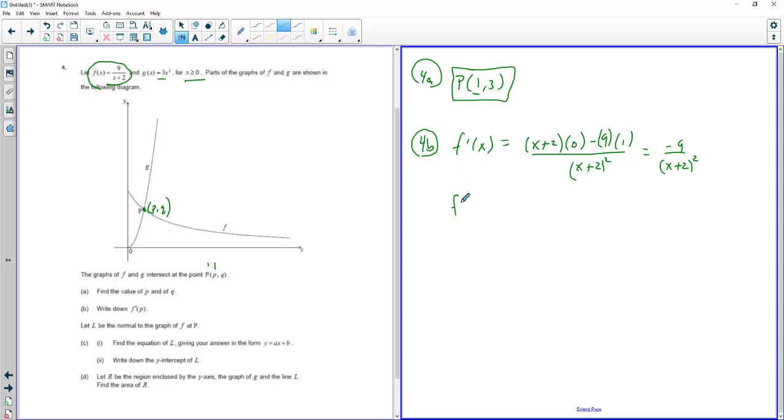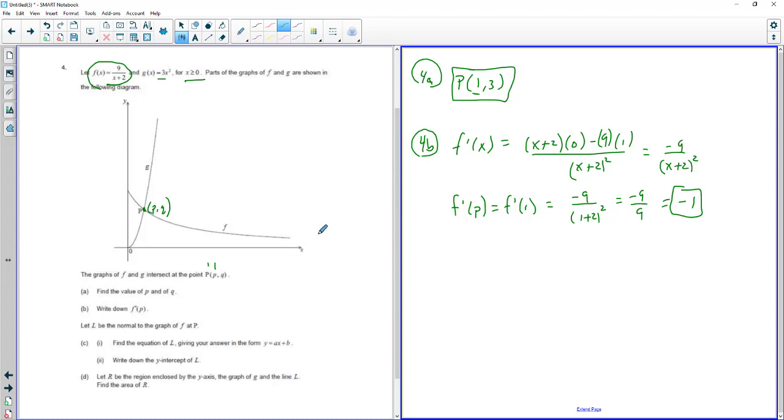And now they want me to plug in f prime of p, which is f prime of 1. So this is negative 9 over 1 plus 2 all squared. So this is negative 9 over 9. So this answer will be negative 1. And that would be your answer for part B.